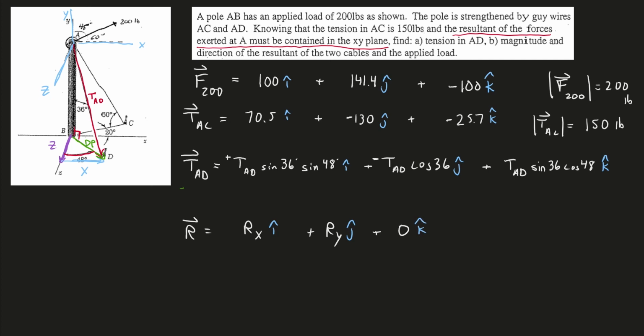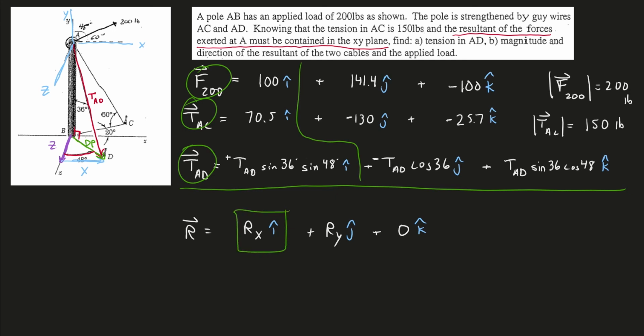We're going to add up these three vectors that we have fully prepped now. We're going to add their x's, and that's equal to the x component of the resultant, their y's, which is equal to the y component, and the z's, which is equal to the z component. Because remember, that's how you add vectors using the component method.